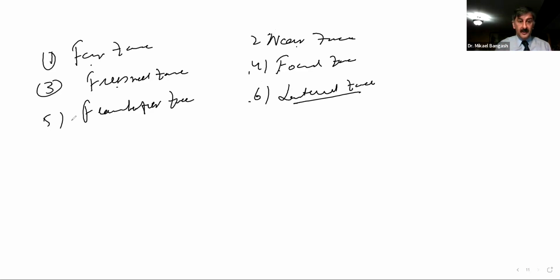Is 2 and 3 the same? Does the near zone also go under the name Fresnel zone? Yes. Good. Is 5 and 1 the same? Is this the far zone or Fraunhofer zone? Are they the same? Yes.